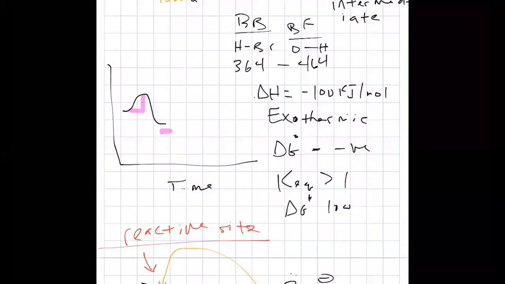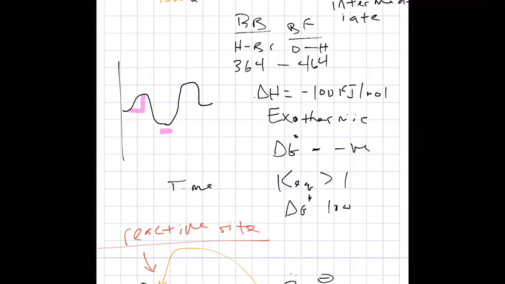Can we put that second step in? So to go from the intermediate to the product is endothermic. It's ugly, but you get it. Well, I hope you get it. So time is on the x-axis, and energy is on the y-axis.